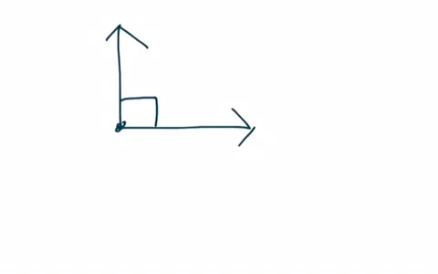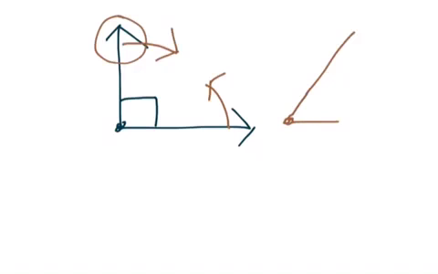Another type of angle is called an acute angle. An acute angle is where we take the line segments or the rays of the angle and move them closer together than a right angle. So if we take this line segment and move it down a little bit, this area got smaller than it was here.